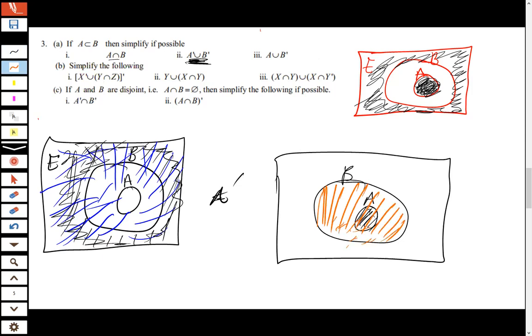So where the shadings are meeting, that's where our answer lies, which is just the same as writing A as your answer. So A intersection B, the answer is simply just A.